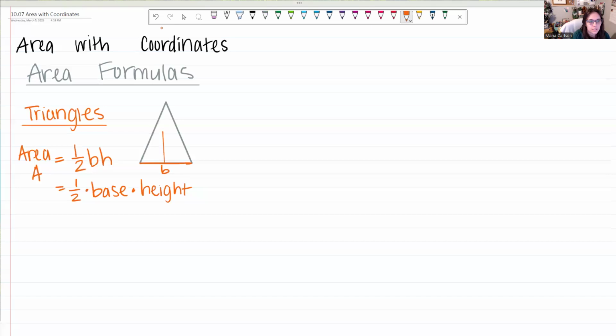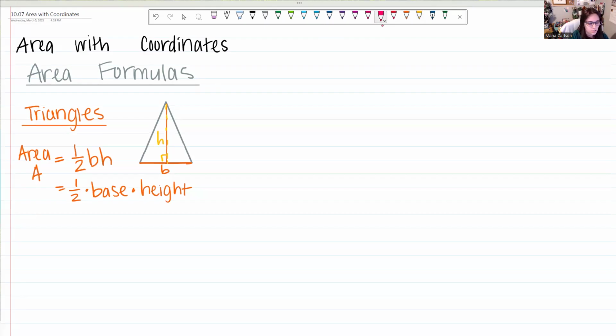So here is the height of our triangle. This distance forms a right angle with the base, and that is our height. And again, the area is 1/2 times the base times the height for a triangle.